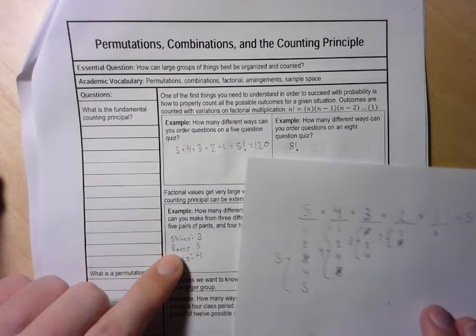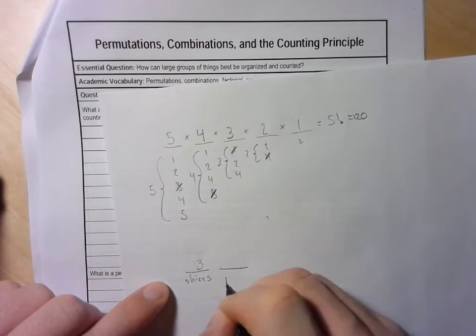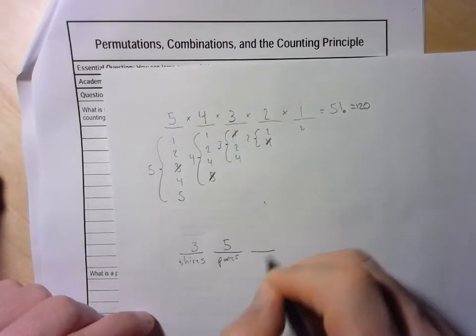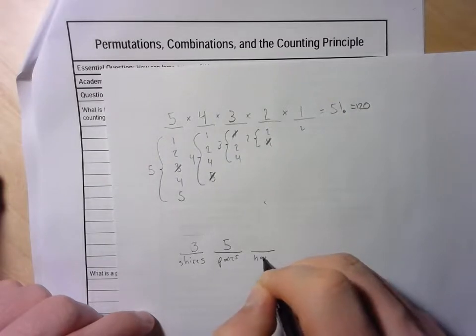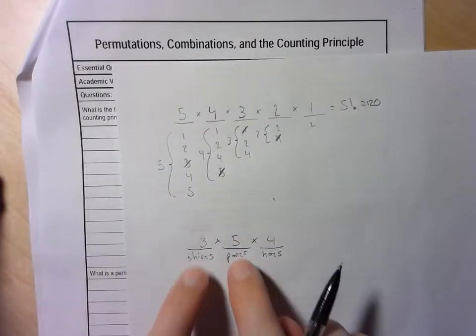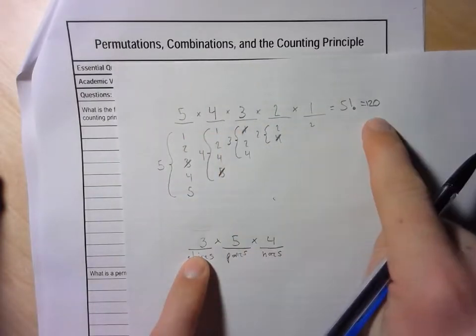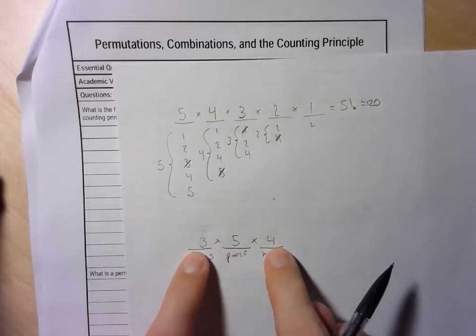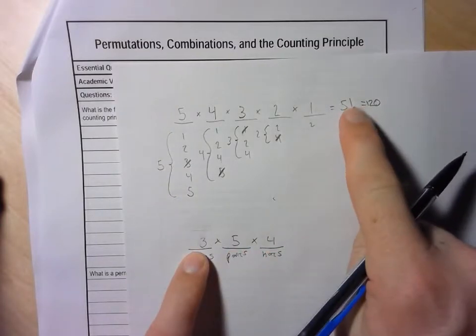And then for pants, I have 5 choices. And then for hats, 4 choices. So we apply a very similar strategy here. We're still counting up options with multiplication, but this time we're not using the fancy factorial notation.